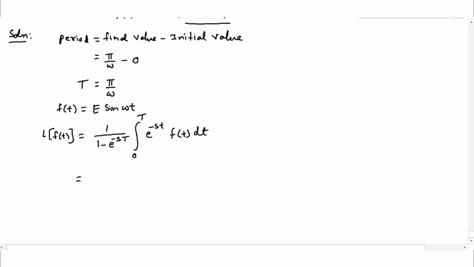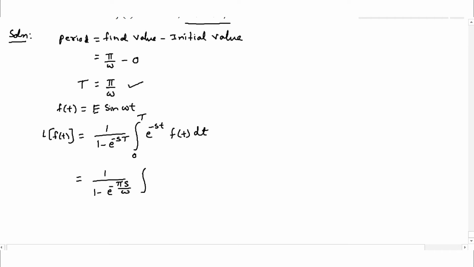So that is equal to 1 by 1 minus e power of minus. Now substitute the value of capital T equal to pi by omega. So pi by omega into s will be pi s by omega.